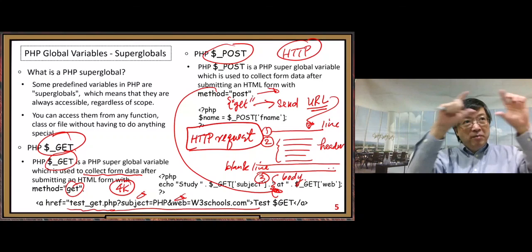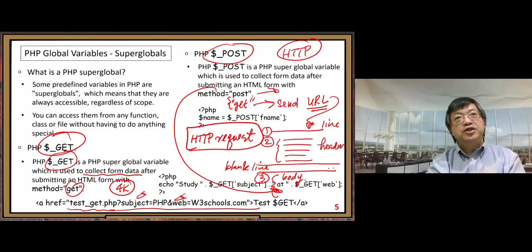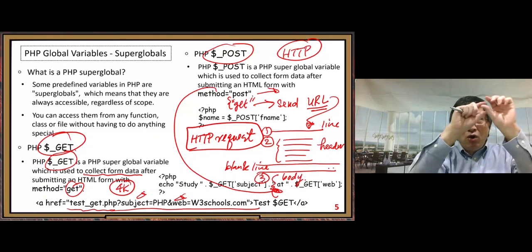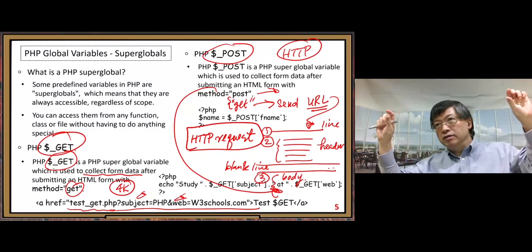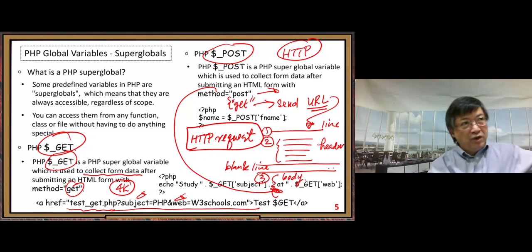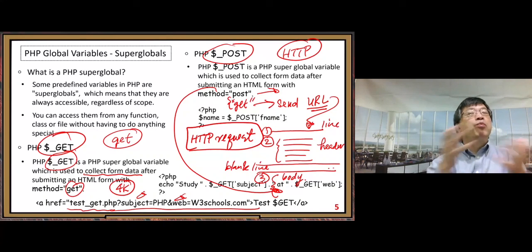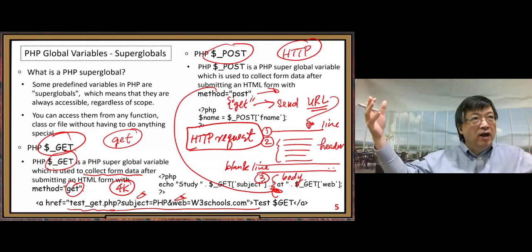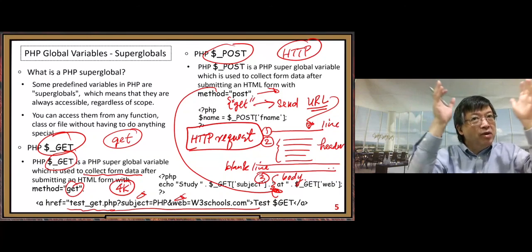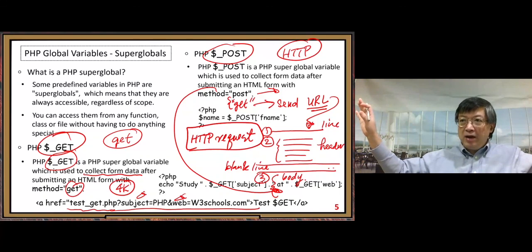Then another difference, bookmark. Sometimes for some special web page, you feel it's a good page and you want to keep it for a while, so you bookmark it. When you bookmark it, the browser stores the URL part. So for the page you want your user to bookmark, you should use the get method, because all the parameters appear in the URL bar. When you bookmark, the same page can be retrieved next time using exactly the same parameter values.